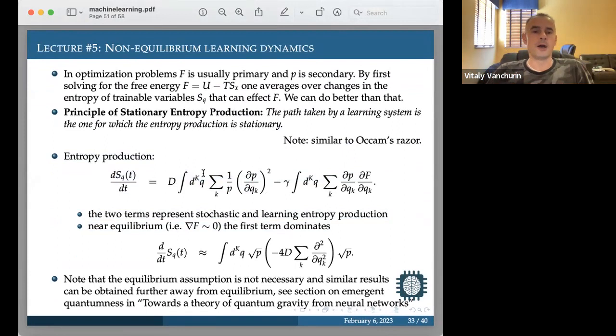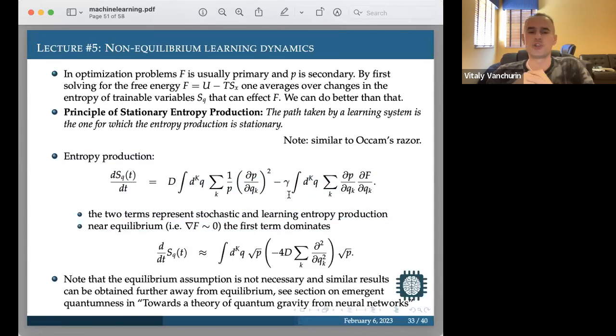And the other one is the entropy destruction term. It tells you how the entropy is destroyed through learning as the system approaches some fixed points of the free energy. Now, I will make an assumption that there is no second term, and this one dominates everything.